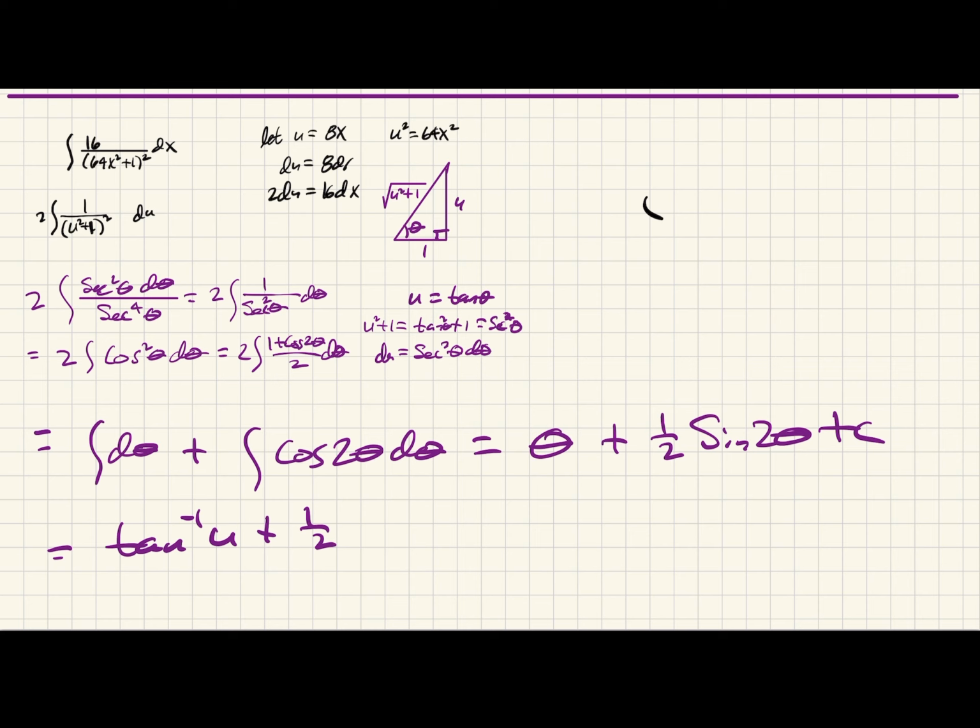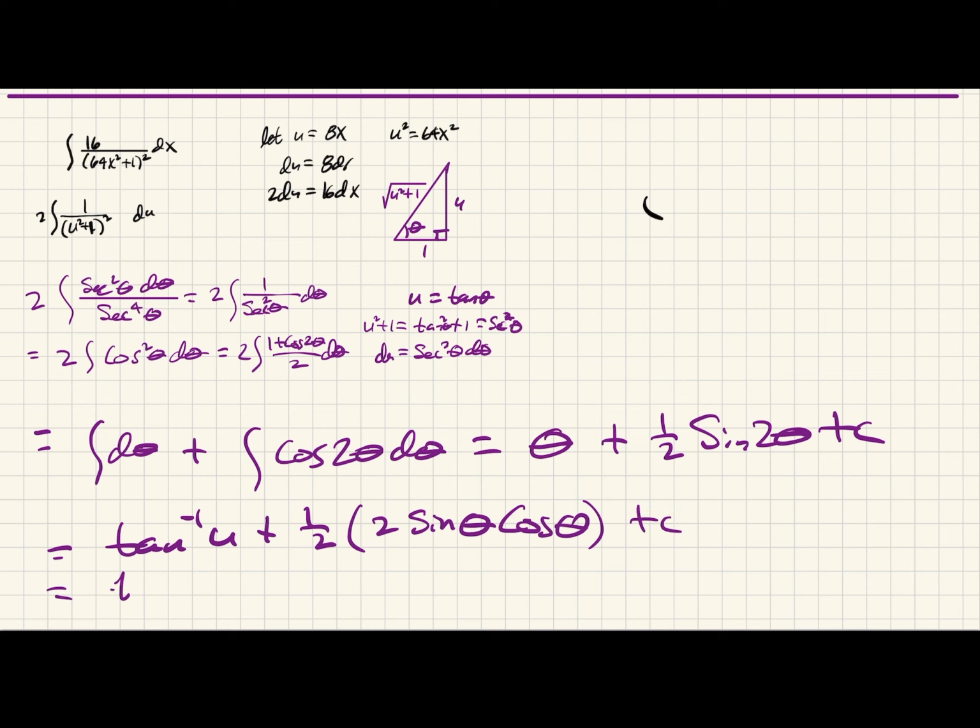Okay, sine 2 theta. Oh, well, I have theta, not 2 theta. So what you going to do? Forgive me if I'm wrong, but I think sine of 2 theta is 2 sine theta cosine theta. Exactly. I need to get it back down to theta. So I'm going to do my double angle formula for sine. So 2 sine theta cosine theta plus c.